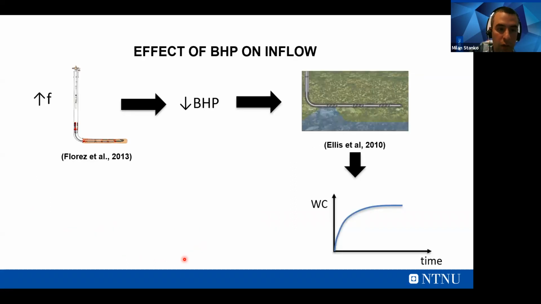So here, just very quickly, one thing that was common and we were trying to address, but unfortunately were not able to do very successfully, was that when you increase the frequency in a pump, typically you're going to reduce the bottom hole pressure. And this is going to cause some more coning.